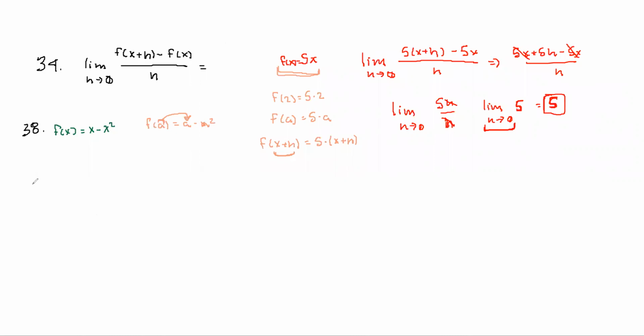So how am I going to build this limit? You're just going to substitute x minus x squared in? So read to me what the function is, if I'm finding f of x plus h.